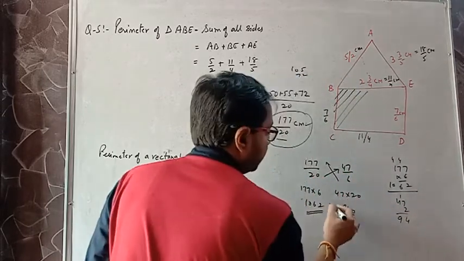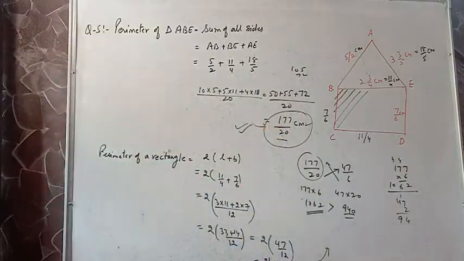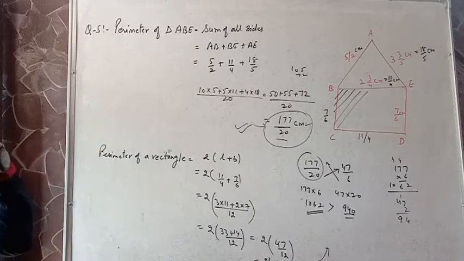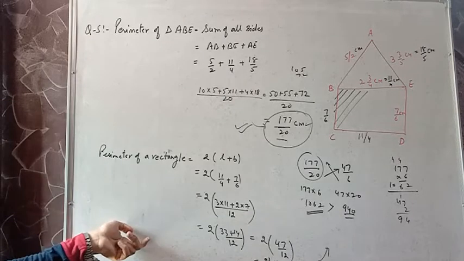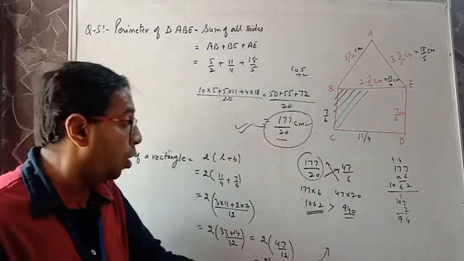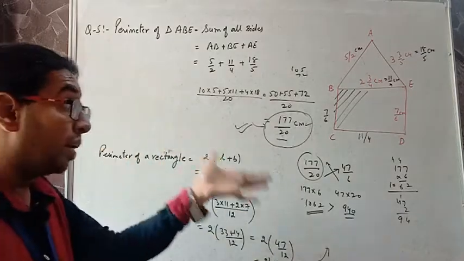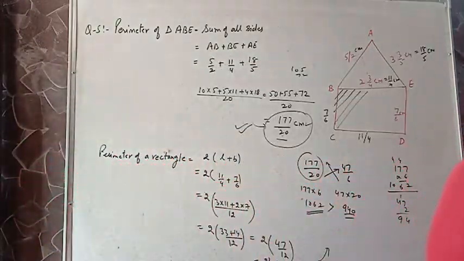Which is bigger? This is bigger. Therefore, this perimeter is bigger. You can do it with this method, cross multiplication, if you are not aware how to do it. Because clearly we cannot observe it here, it is 6, here it is 20, so we have to compare it properly. Clear? Next question.